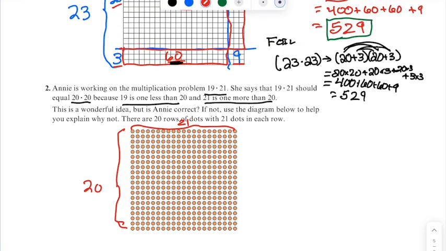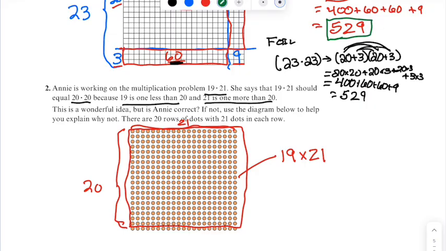So Annie's trying to solve 19 times 21. What does that look like in the array? Well, that's going to be 19 of the rows and all 21 of the columns. So that's this portion in red. That's the 19 times 21. But she's proposing instead that we can solve 20 by 20.